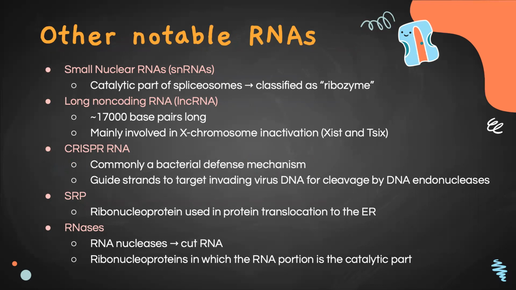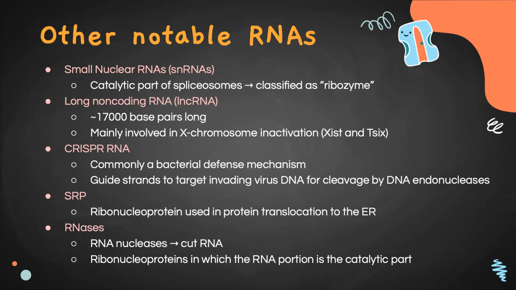This is about 1700 base pairs long, and it's mainly involved in X chromosome inactivation with the genes Xist and Tsix, which are on the X chromosome. There's also CRISPR RNA, which is a commonly used bacterial defense mechanism. This is where the guide strand is used to target an invading virus's DNA, and then it cleaves the viral DNA. This mechanism is being used a lot in research to knock out or insert certain genes in eukaryotic cells.